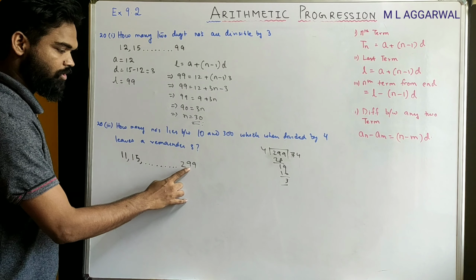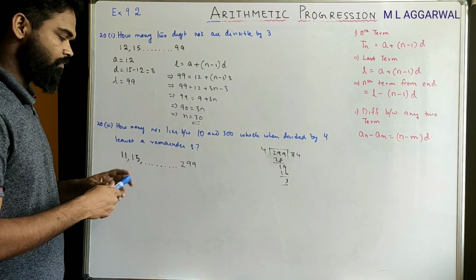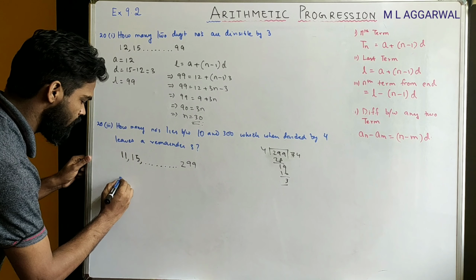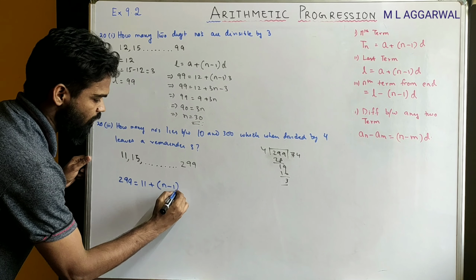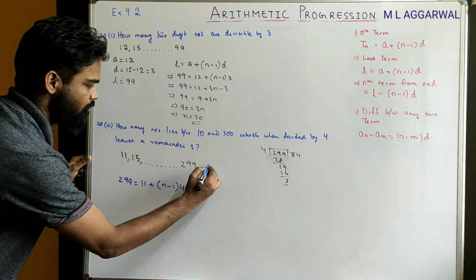So you got your first term, you got your last term. Same logic. Look over here. 299 equals to a plus n minus 1, and d is 4. Look over here. d is 15 minus 11, that's 4, isn't it? So that's 299 equals to 11 plus 4n minus 4.